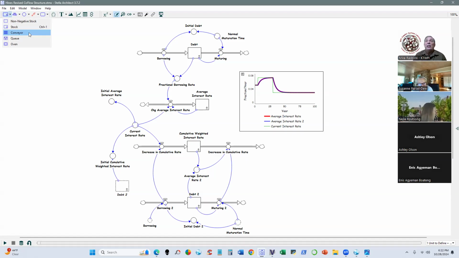But actually, if you read Industrial Dynamics, Forrester explicitly talks in the book about how it's okay to add discrete stuff. There's nothing wrong with it. It doesn't violate any dynamic paradigm. But he argued we should always start with continuous time formulations and go from there. So conveyors, ovens, and queues are ways of handling more discrete kinds of issues.